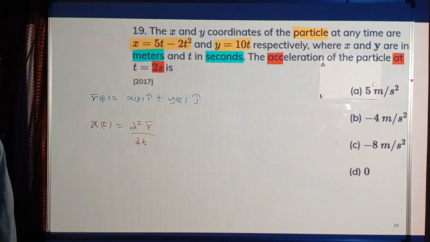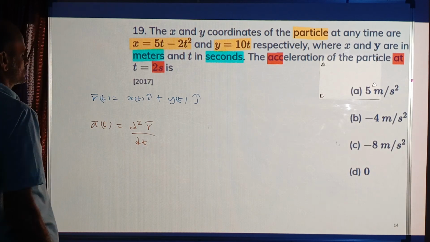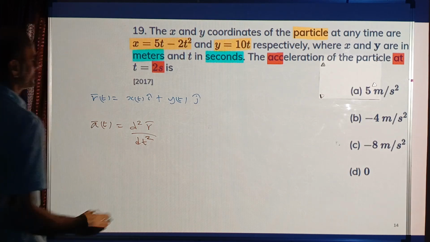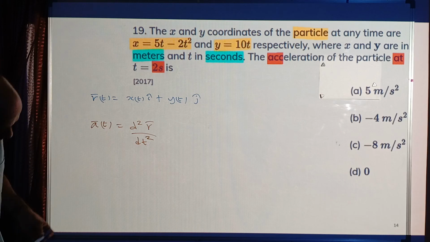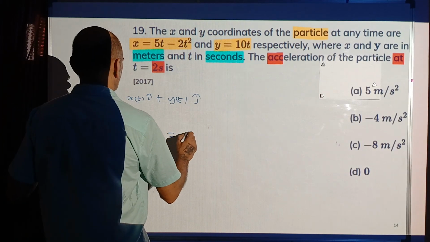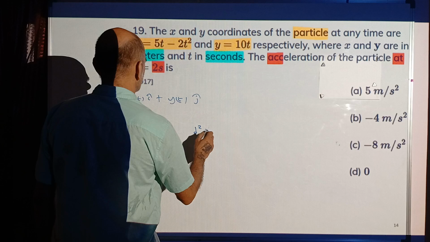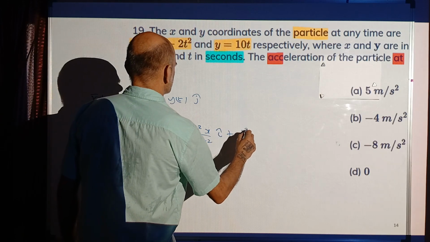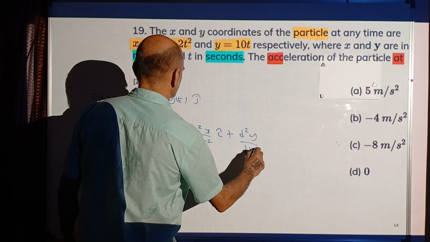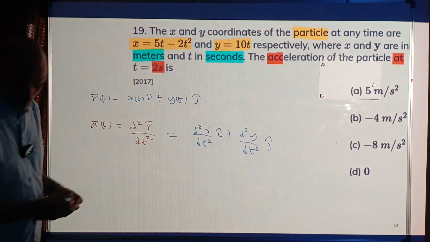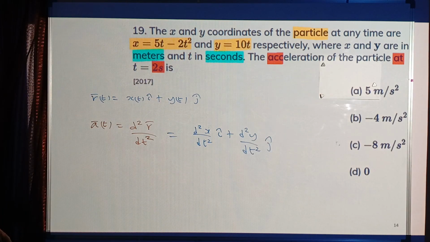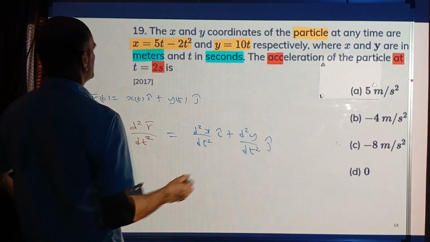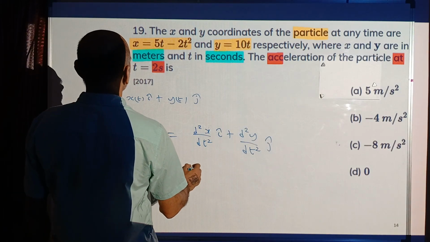Acceleration is dv by dt and v is dr by dt. So acceleration is the second derivative of the position vector, so you can do this component-wise. It will be d square x by dt square i cap, second derivative of y with respect to time, j cap. So x component, if you differentiate this thing twice, you will get 5t and then 0.